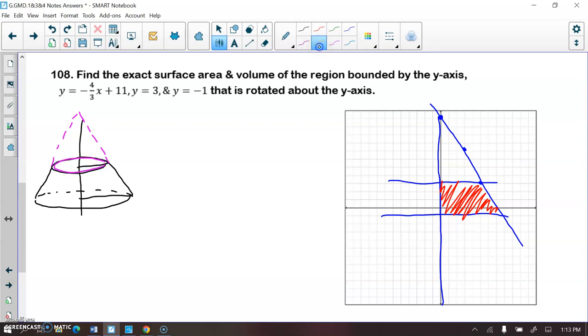Okay, so let's get started. So surface area. I'm going to do the surface area of the large cone, which would be pi r squared. Well, my radius of my large cone is 1, 2, 3, 4, 5, 6, 7, 8.